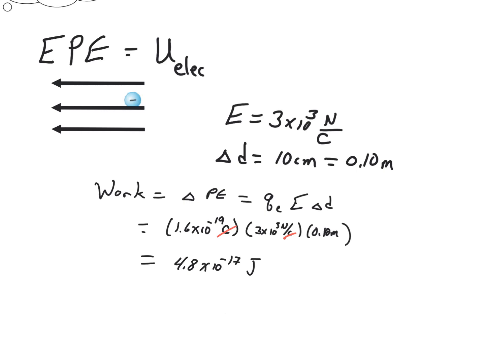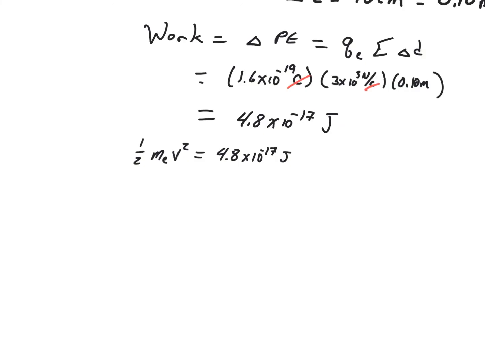If we wanted to figure out the final velocity, we just have to equate that to the kinetic energy equation. So 1/2 mass of the electron times velocity squared equals 4.8 times 10 to the negative 17 joules. So v squared is equal to 2 times 4.8 times 10 to the minus 17 all over the mass of the electron.